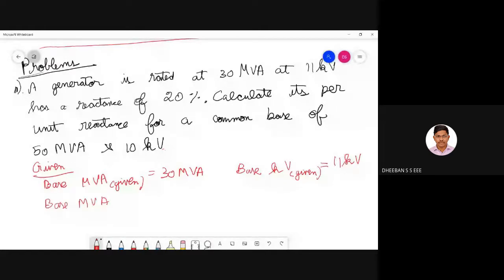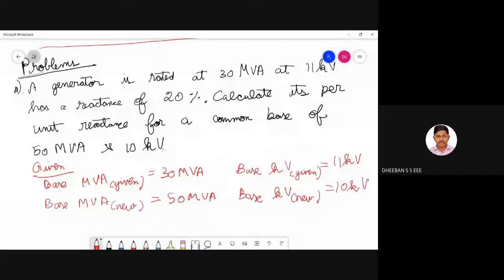So it is 50 MVA, and then base kV new, which is equal to 10 kV. Also, they have given a reactance of 20%. So the reactance of 20% represents Z per unit given, that is 0.2.